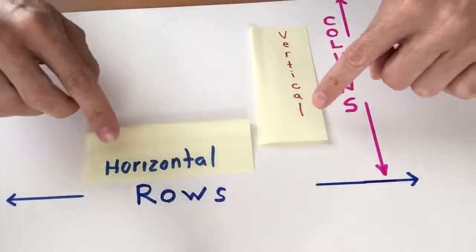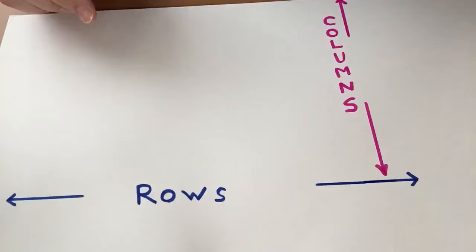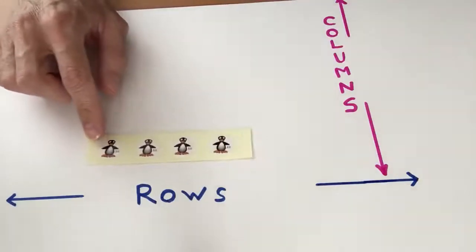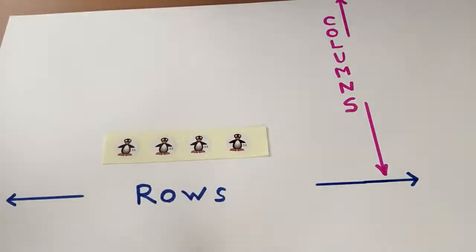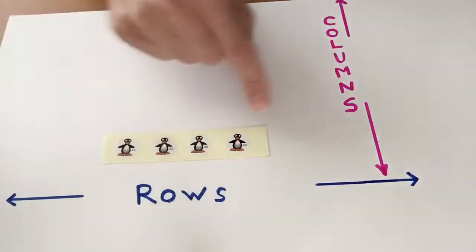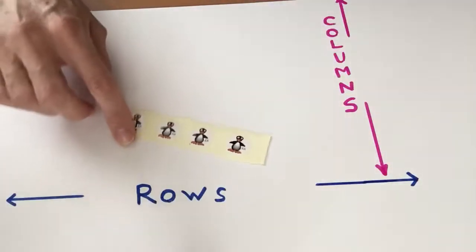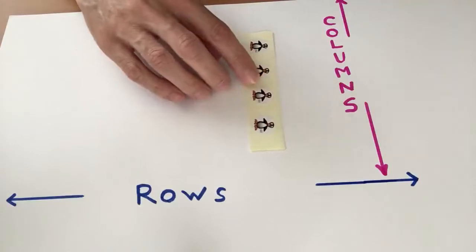Okay, so I'm gonna go ahead and bring in an example that I prepared for you. This is a row of 4 stickers for Gigi, the penguin. And because it goes from side to side, it is a row. Now, if I turn it around this way, it is not one single row anymore.